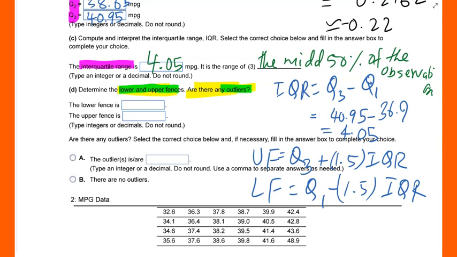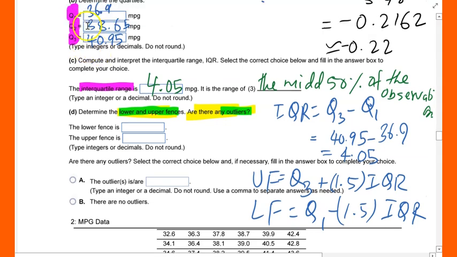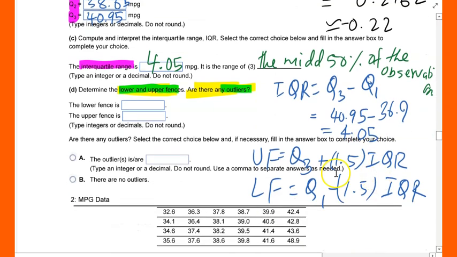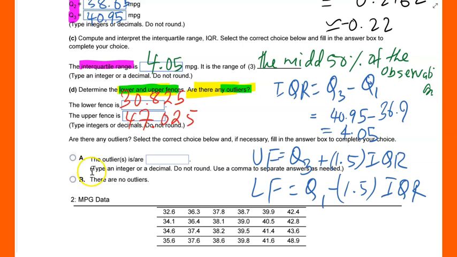Since you have Q1, Q2, Q3 and IQR, use these numbers and the calculator to find the fences. Lower fence must be 30.825, upper fence must be 47.025.